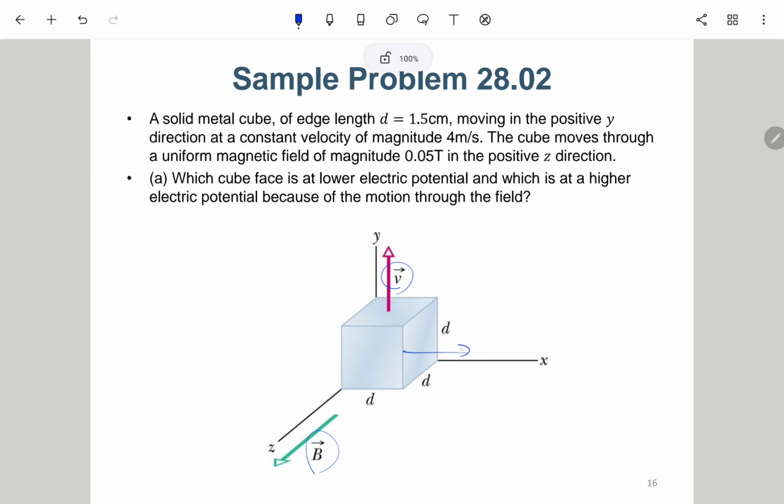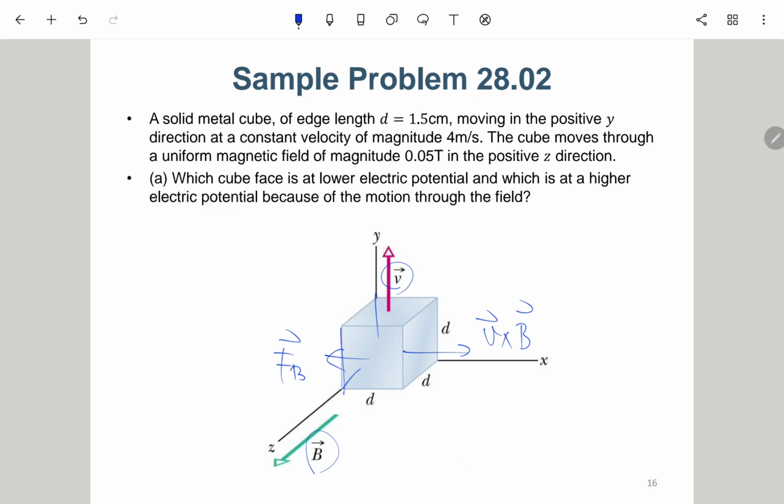But actually the moving charge is an electron, so it is a negative charge, which means that F_B is pointing to the right side.